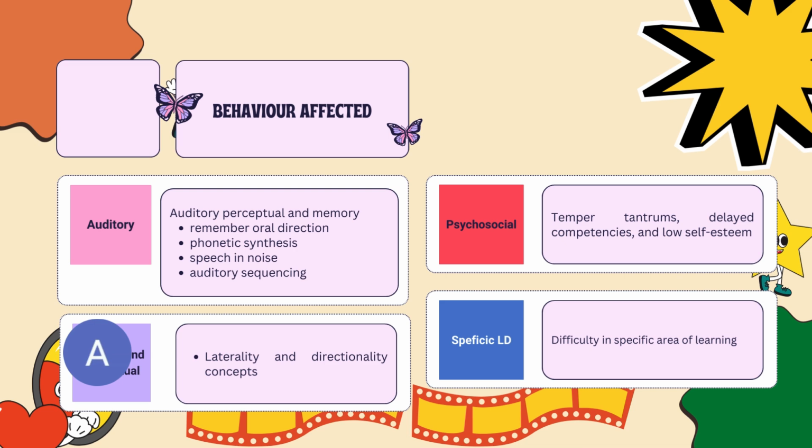And last but not least is the specific learning disabilities. As I mentioned in the previous slide, specific learning disabilities is when they show difficulty in a specific area of learning, such as mathematics, dyscalculia, or difficulty in reading, or difficulty in written expression, dysgraphia.